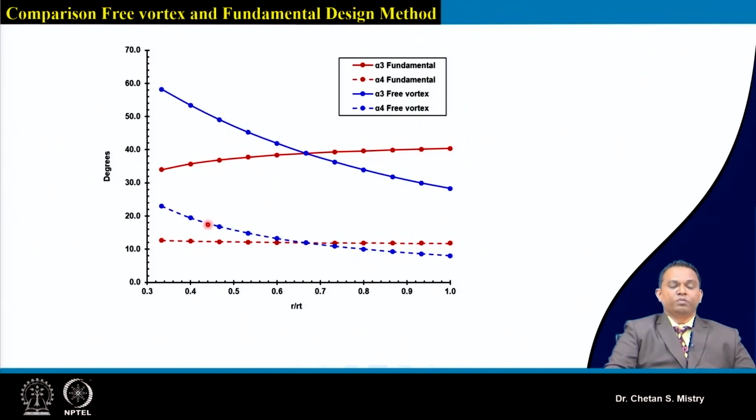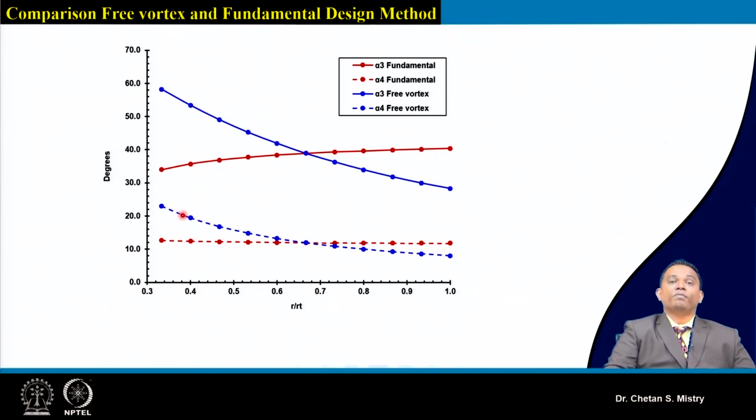This is representing how my absolute flow angle is varying. Interestingly, we can see alpha 4, which is nothing but the angle with which the flow comes out from rotor 2 of my contra-rotating stage, is in the range of roughly 11 or 12 degree when we opt for the fundamental approach.